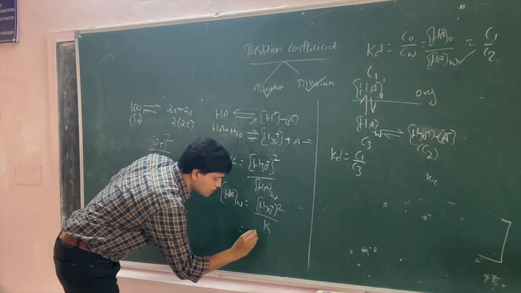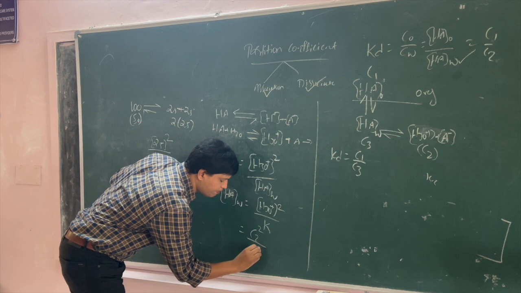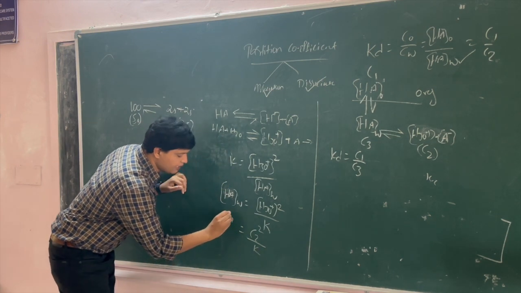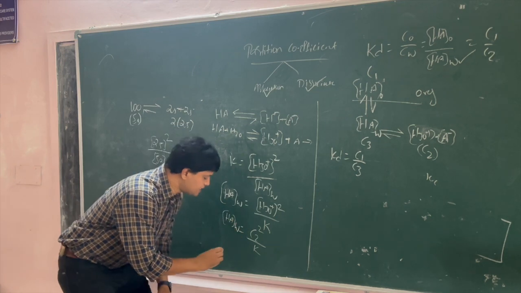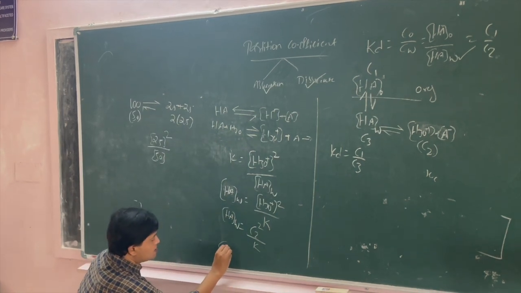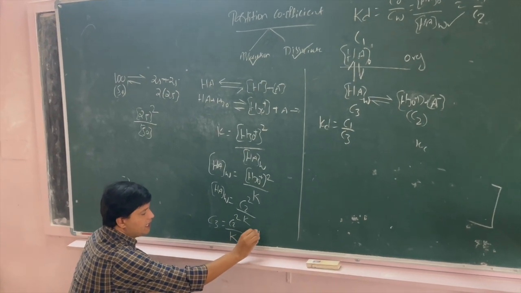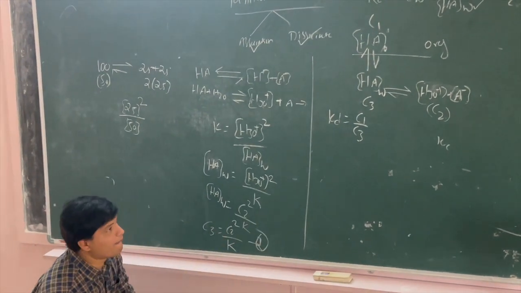C2. So C2 square divided by K is equal to HAW. What is HAW? C3 is equal to C2 square by K. Equation 2.